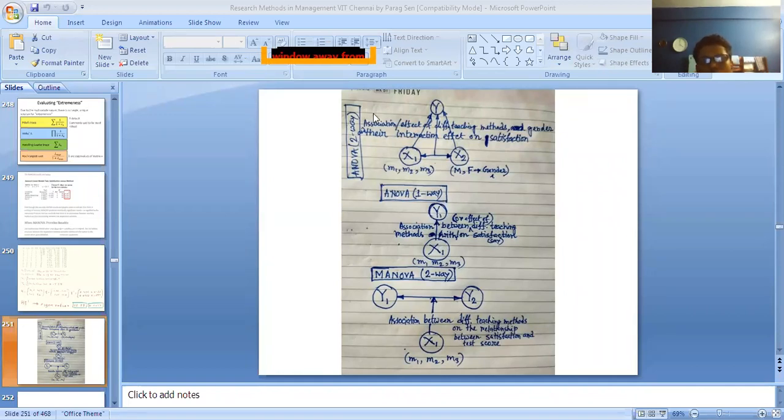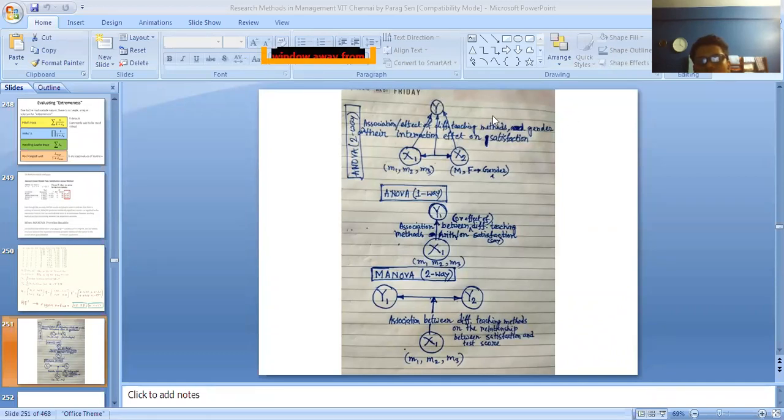In case of two-way ANOVA, you have two independent variables. Okay. Suppose x1 and x2. X1 is suppose different teaching methods, and suppose x2 is your gender, which could be male and female. And you are trying to find out what is the association or effect of different teaching methods on your response variable, that is your test score.